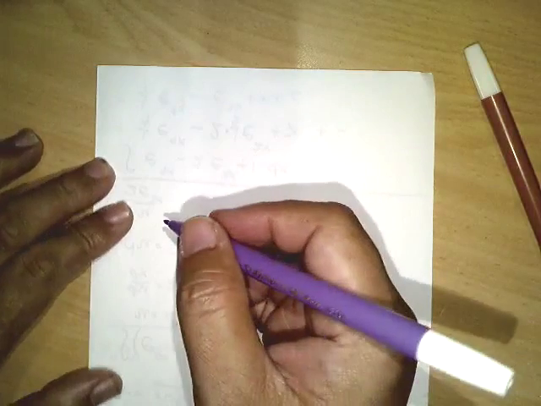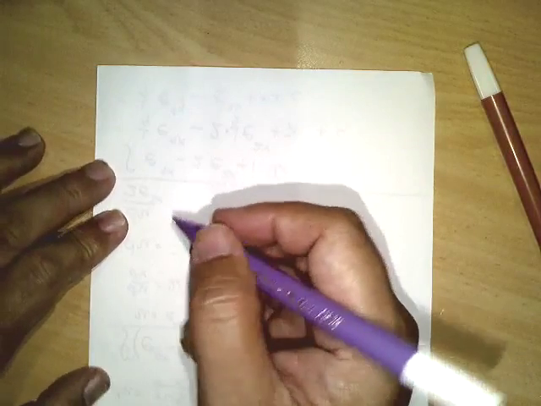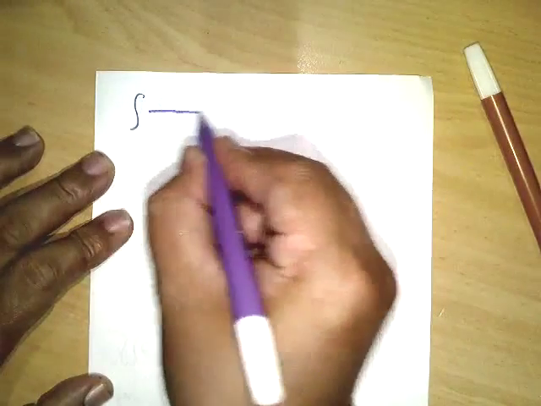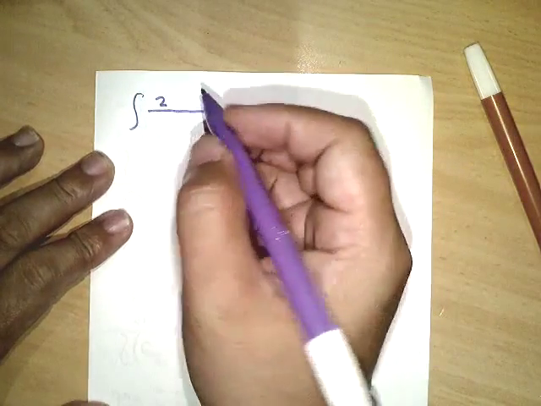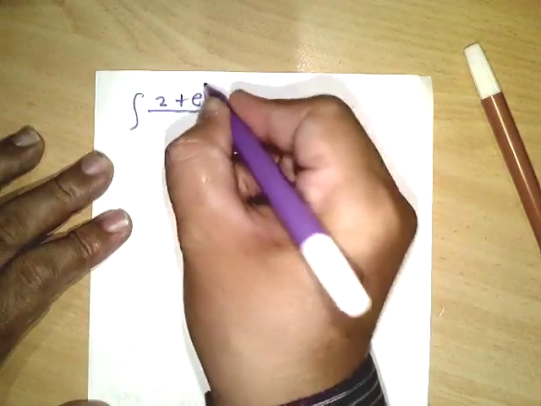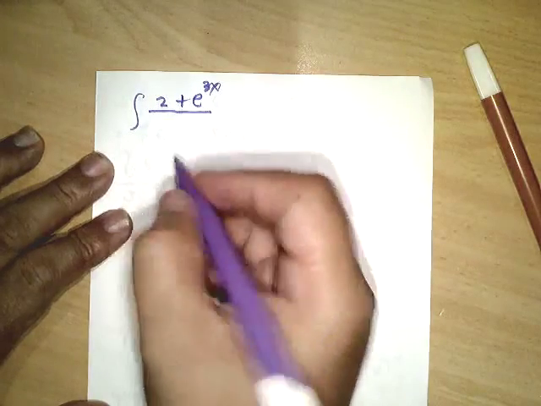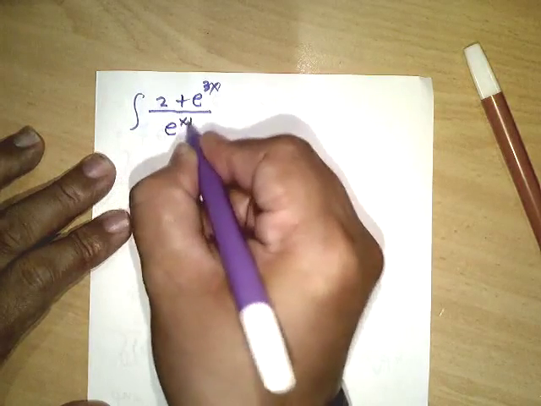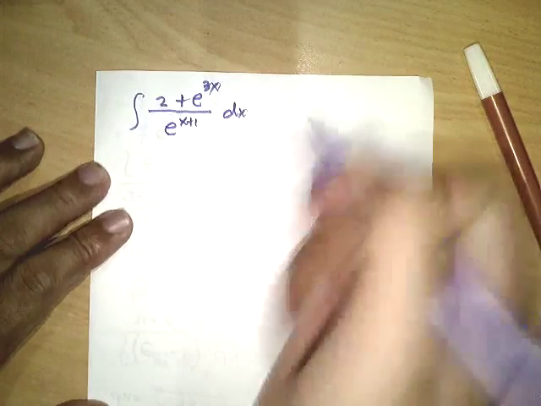Let's try to have one more example. Let me just get a piece of paper here. So let's say, for example, that I have the integral of 2 plus e to the 3x over e to the x plus 1 with respect to x.